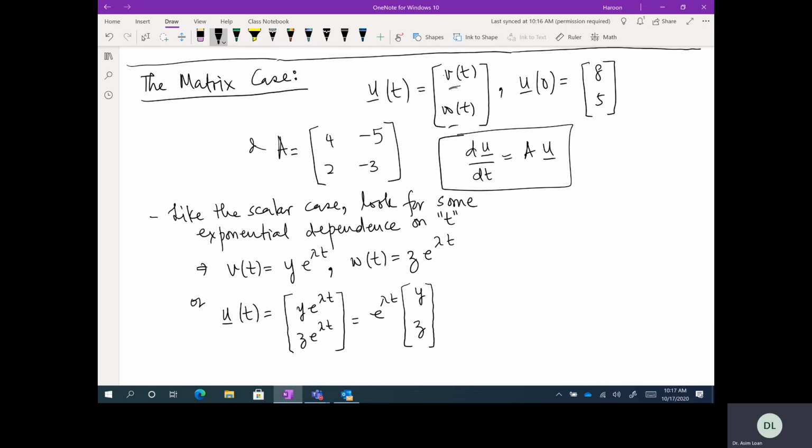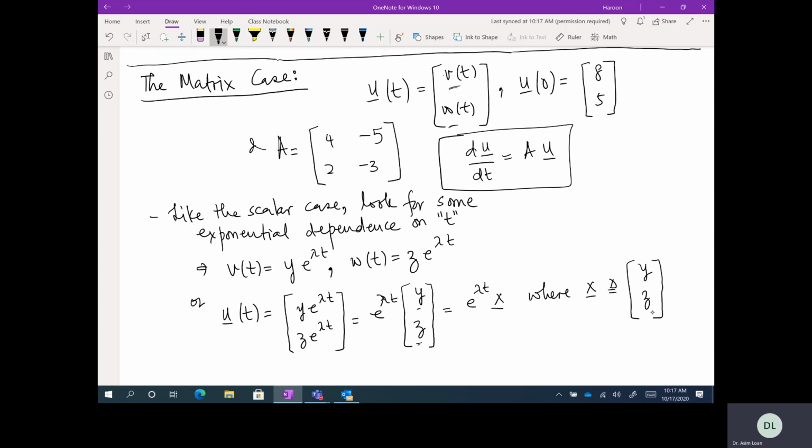A vector is a matrix with one column or one row, and this is a column vector, so it has only one column. This equals e^(lambda t) times a vector, and let me call this vector x, where x I define as y and z.